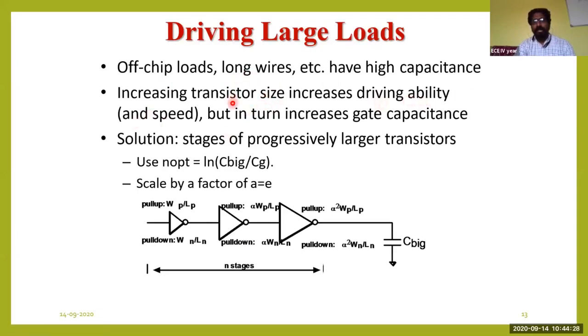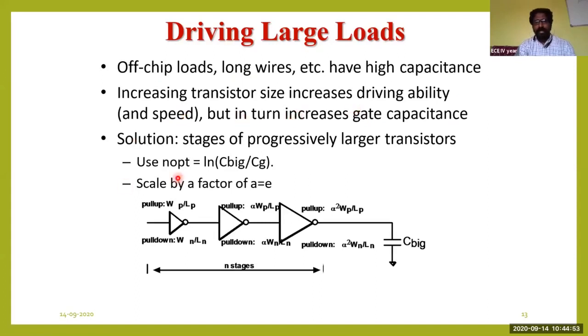But the trade-off is that it also increases the gate capacitance. If you want the speed, then forget about the gate capacitances. But if you're looking at performance, then think about the capacitance and forget about the speed of a particular circuit. So this is what is called a trade-off.